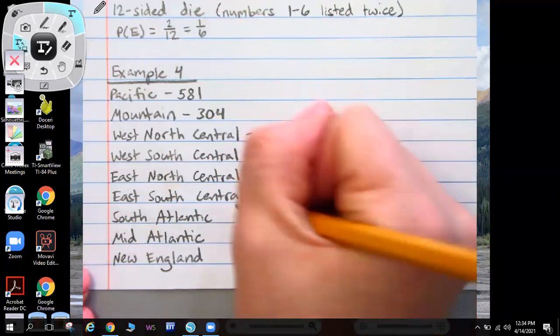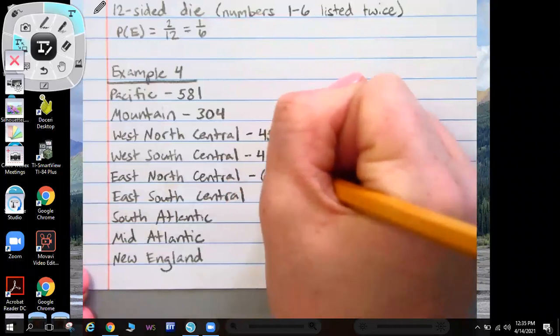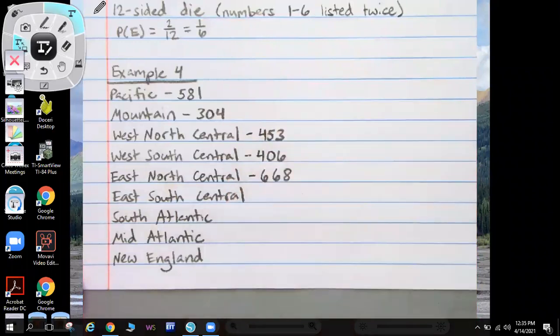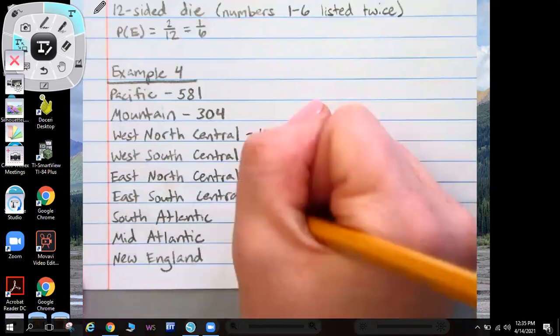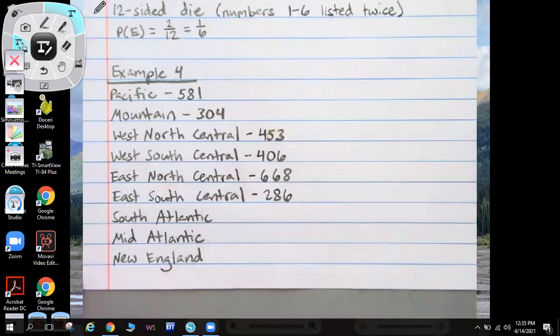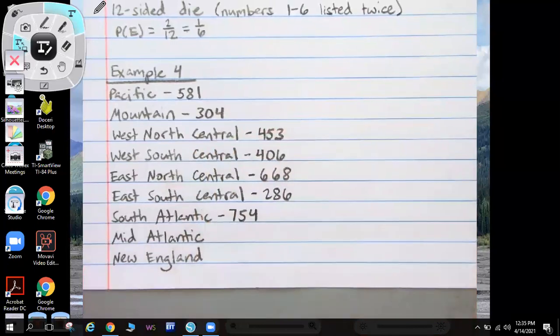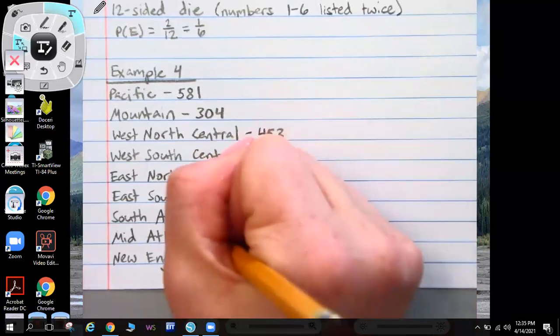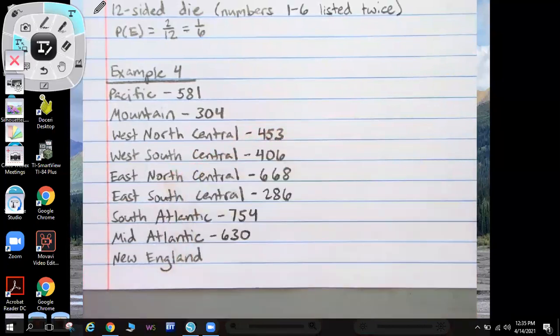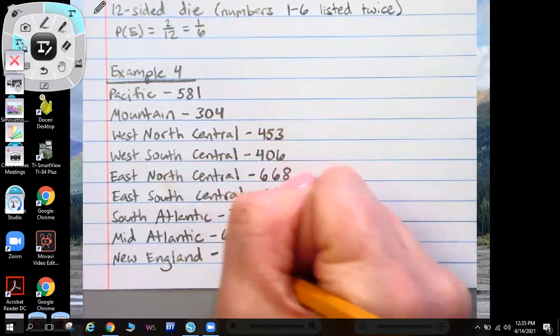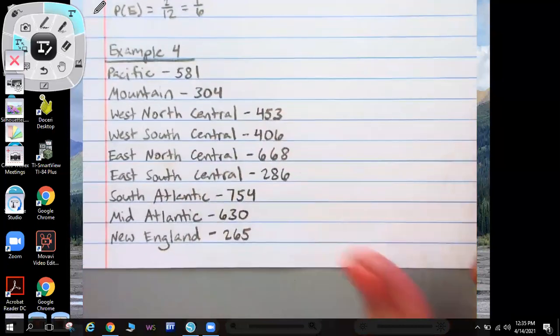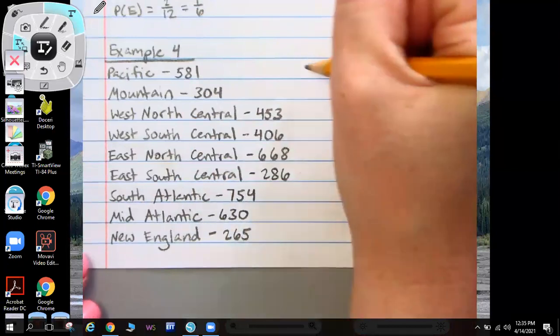East North Central, 668. East South Central, 286. South Atlantic, 754. Mid-Atlantic, 630. And New England, 265. Okay, so the question.